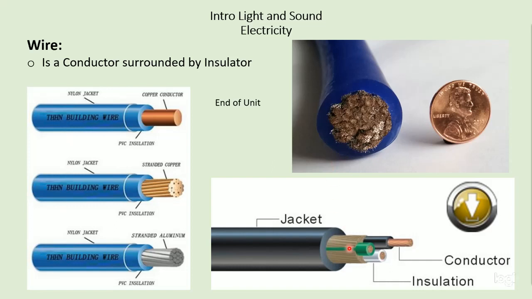A power cord to your toaster oven or a drill or your refrigerator, anything that you plug in, your laptop, has wire on the inside: conductors on the inside, the copper, surrounded by insulators, and then all of the insulators are bound by a jacket. So that's a little bit about electron flow.